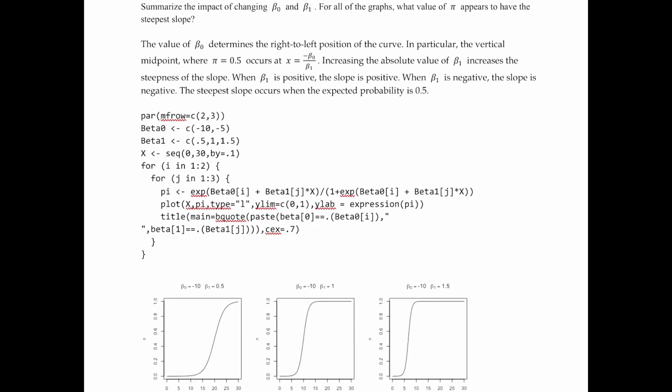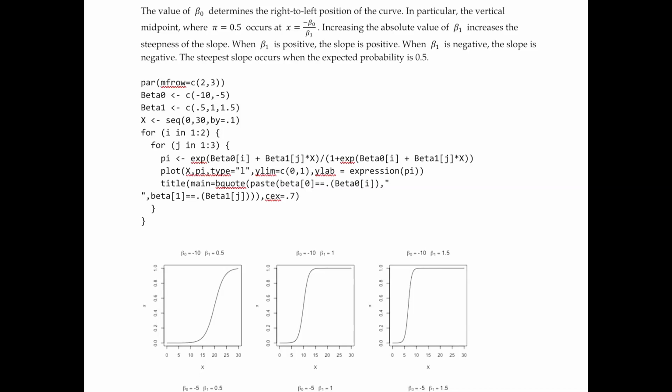All right, and then last but not least, I just wanted you to look at a few different values of beta naught and beta 1 and what effect they have on this logistic curve. Basically what I put here in the solution is that the value of beta naught is what determines the horizontal position of that logistic curve. And in fact, the vertical midpoint where the pi value is 0.5 happens when x is negative beta naught over beta 1.